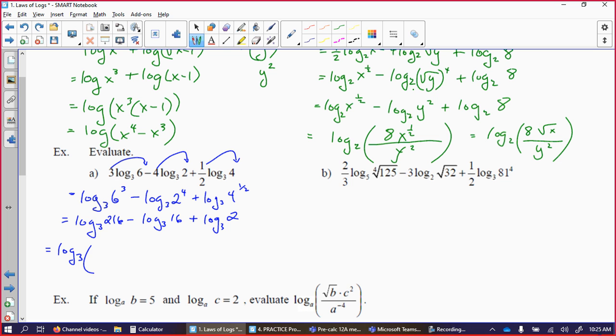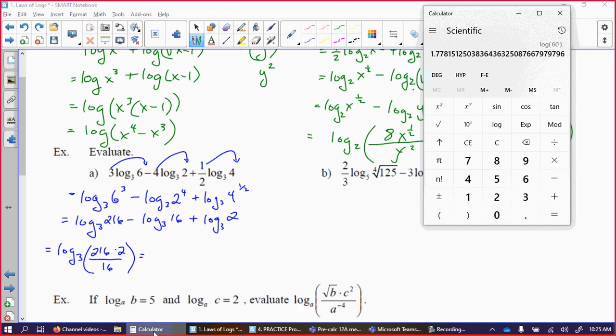Log base 3 of 216, that's a plus, so times 2 divided by 16. It's too early in the morning for me to try to do that in my head. 216 times 2 is that divided by 16.